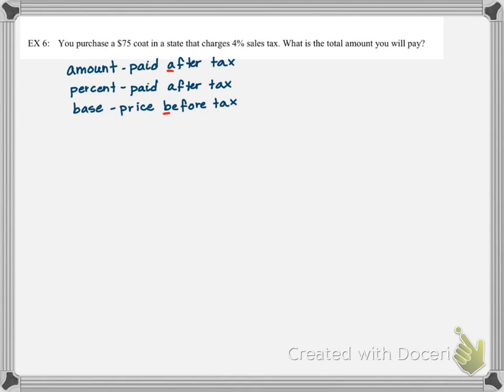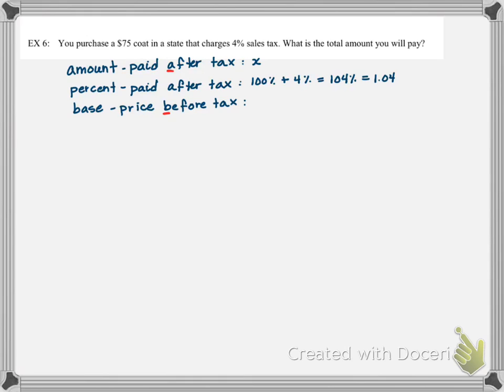So, the amount paid after the tax is my unknown. What percent do I pay after the tax? Do I pay 4%? It's 1.04. Right, so I pay 104%, because I have to pay 100% of the price of the coat, and then in addition to that, I have to pay 4% for the tax. So that 100% is the coat, the 4% is the tax. So the total percentage I'm paying is 104%, which is also 1.04.